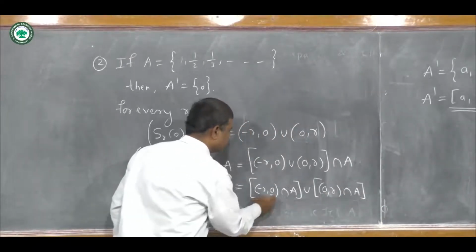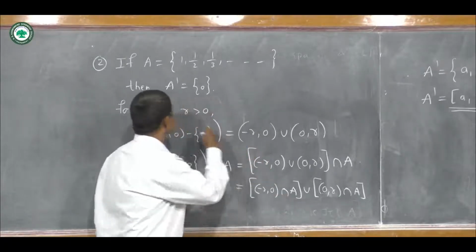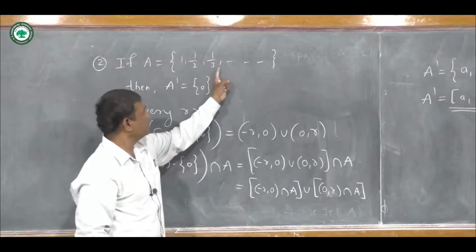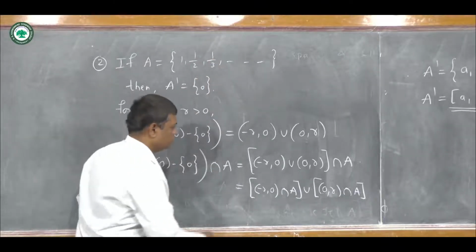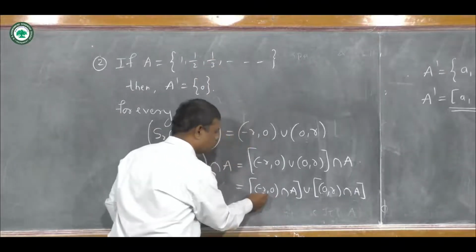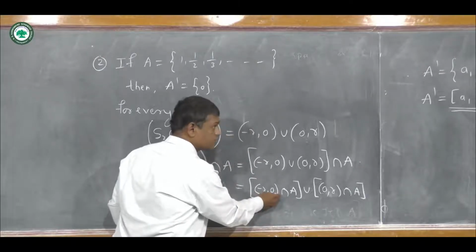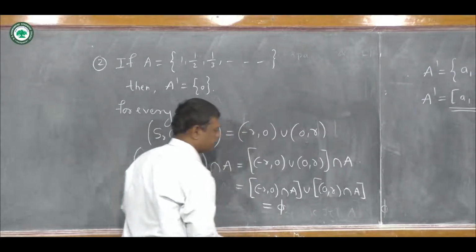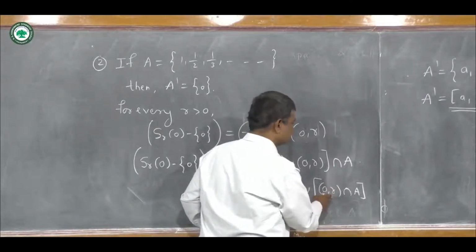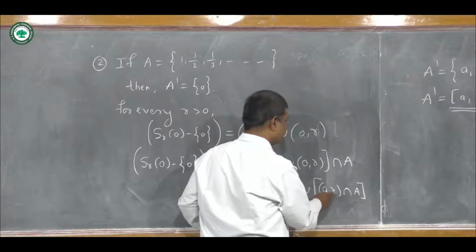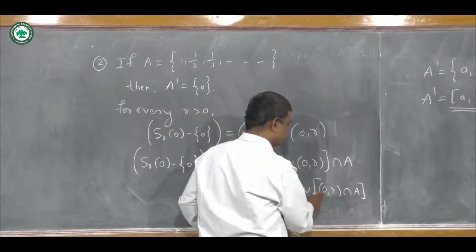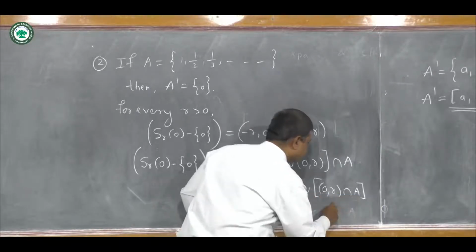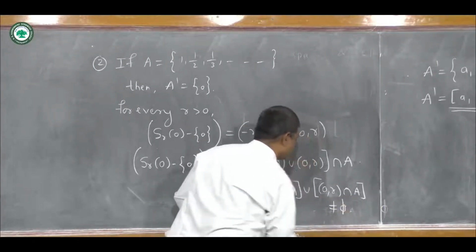Now remember, this first set is the empty set, because set A has elements 1, 1 upon 2, 1 upon 3 and so on, and here we have all the real numbers less than 0. So this intersection is the empty set. But this intersection is always non-empty. For every r greater than 0, the intersection of the open interval 0 to r with A is always non-empty.